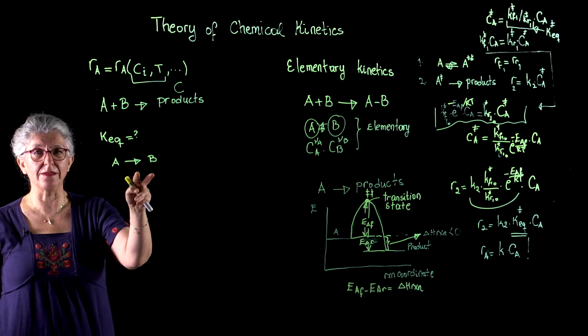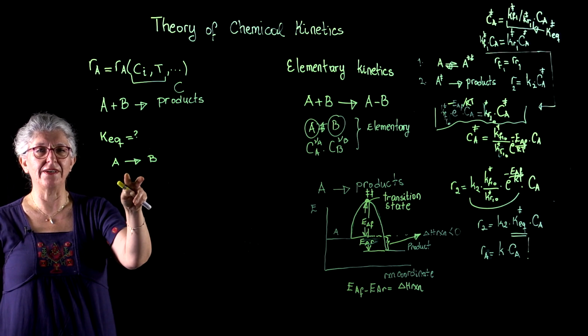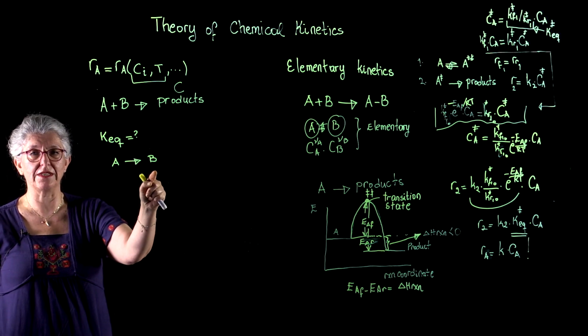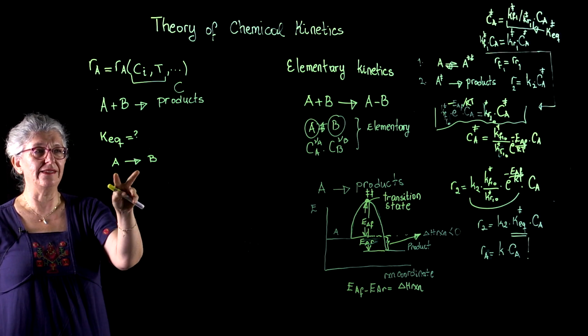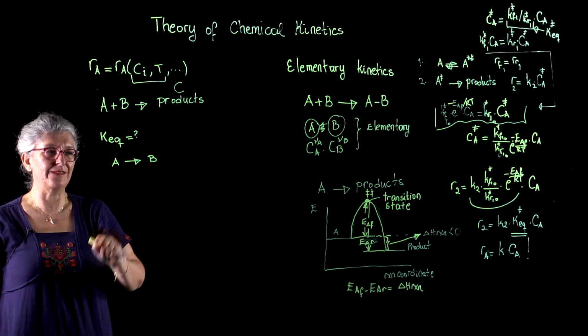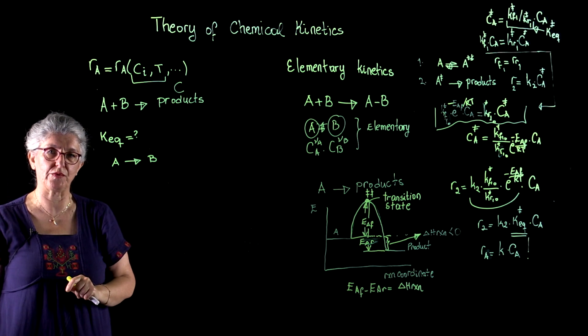Now, those state variables identify the chemical potential of A and the chemical potential of B, and the difference between those two chemical potentials identifies how fast this reaction moves forward.